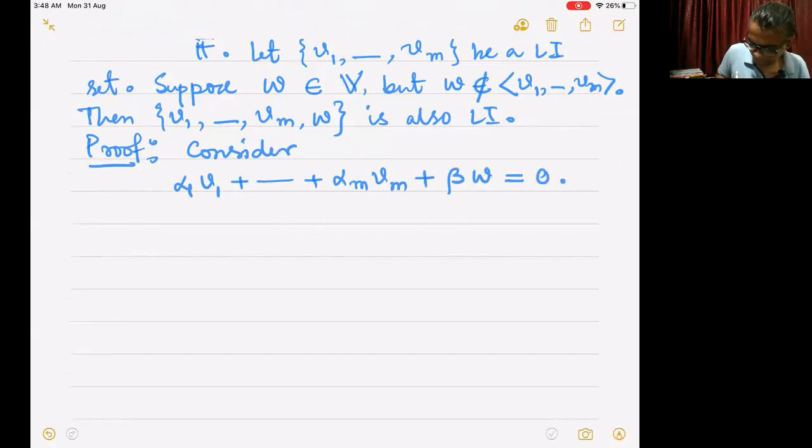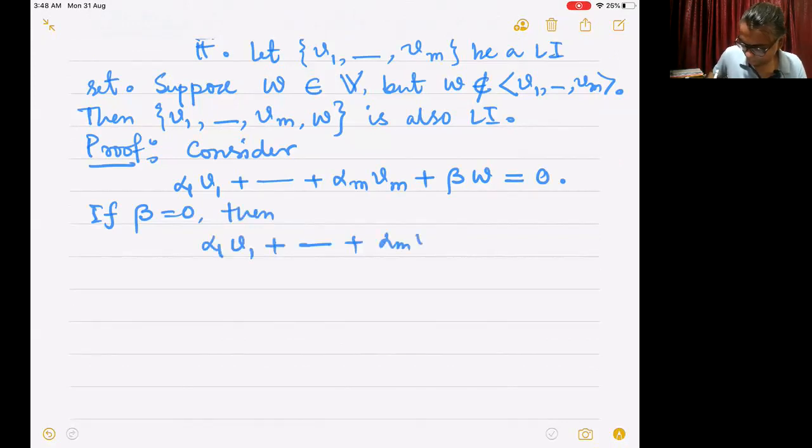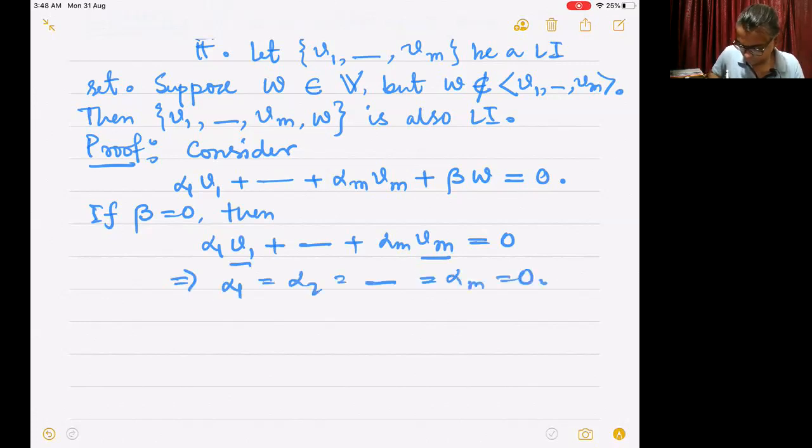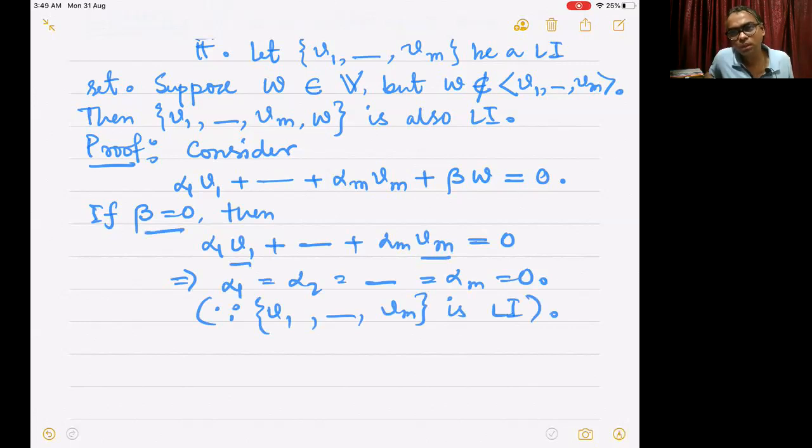Notice that if beta is equal to 0, then alpha 1 v1 plus dot dot dot up to alpha m vm must also be equal to 0. But then these vectors are linearly independent, so this must be the trivial linear combination, because v1 up to vm is a linearly independent set. So if beta is equal to 0, then alpha 1 up to alpha m are also 0, so we have nothing to prove.